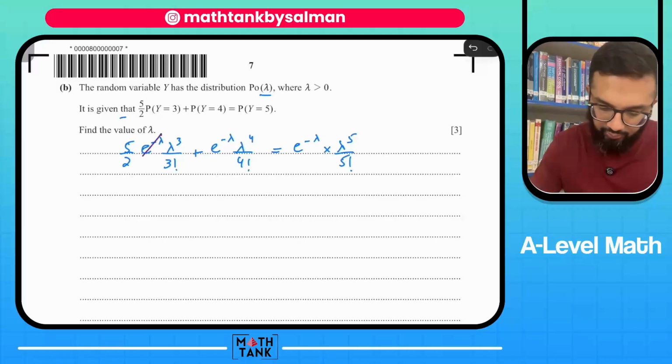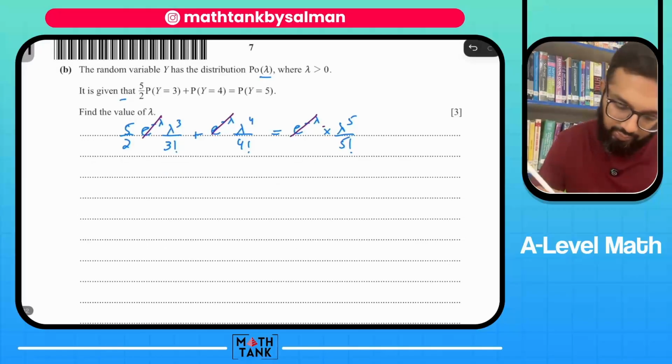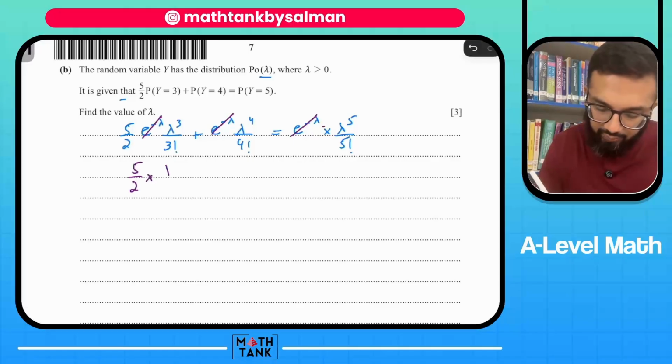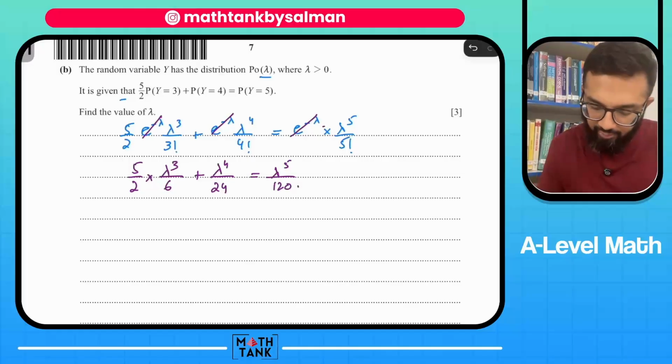The first thing that I can do is get rid of this. The second thing that I want to do is first simplify the denominators. So I have lambda cube over 6 plus lambda power 4 over 24 equals lambda power 5 over 120.